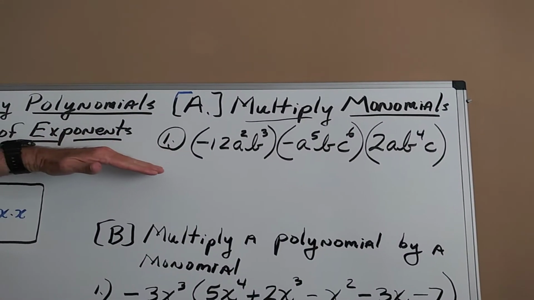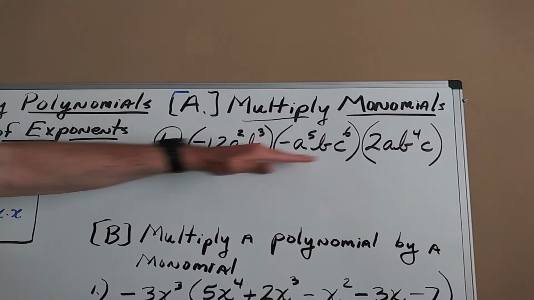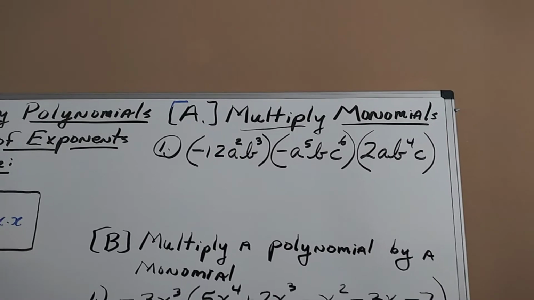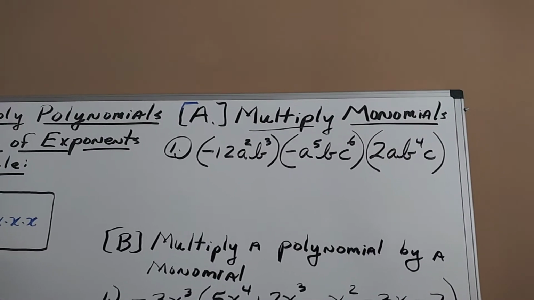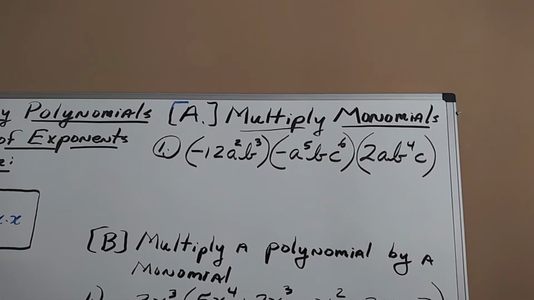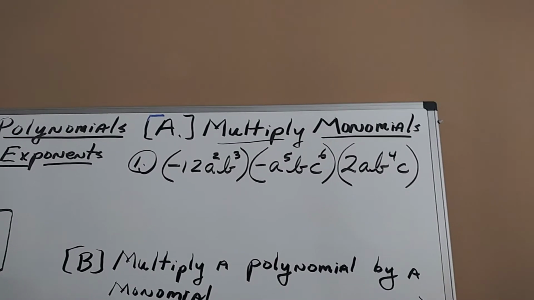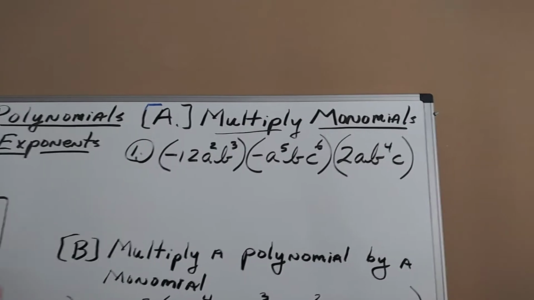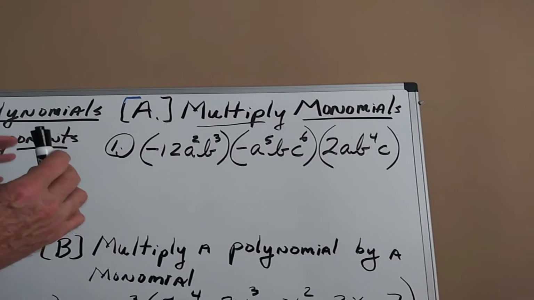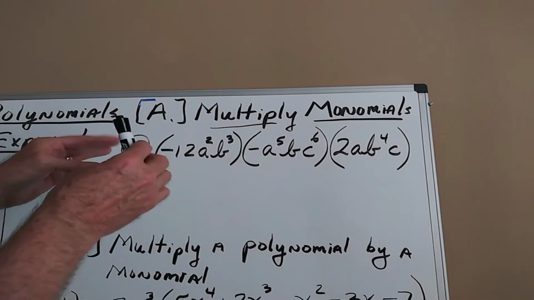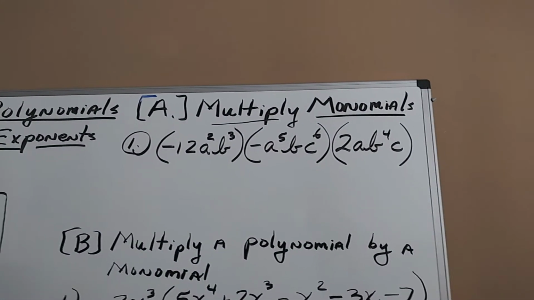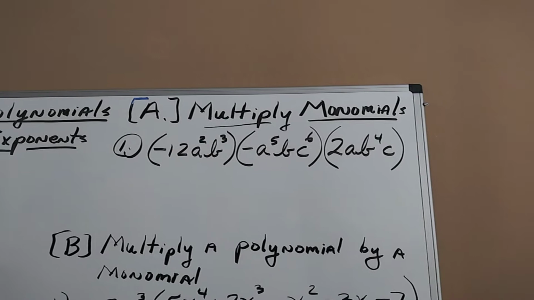And here's what I'm going to suggest that we do as we multiply these monomials together. Because there's three different coefficients up there, and three different powers of A, three different powers of B, and three different powers of C, it might be a little bit confusing to the eye if we just try to automatically multiply everything out and hope that we're adding the exponents correctly.